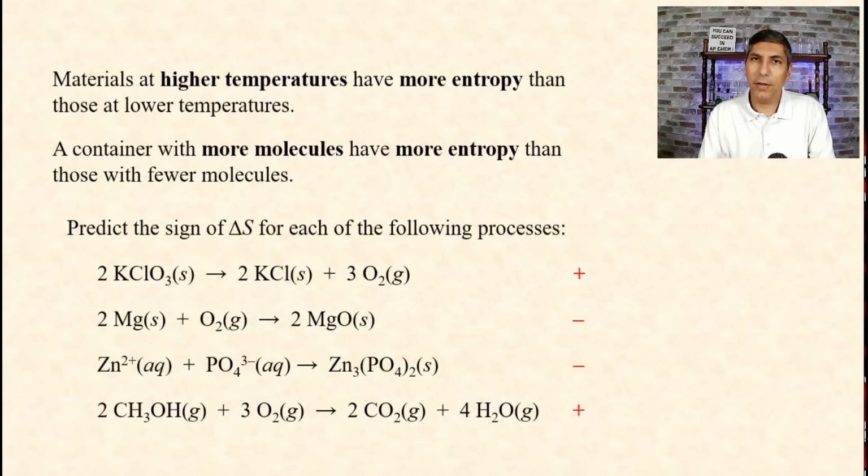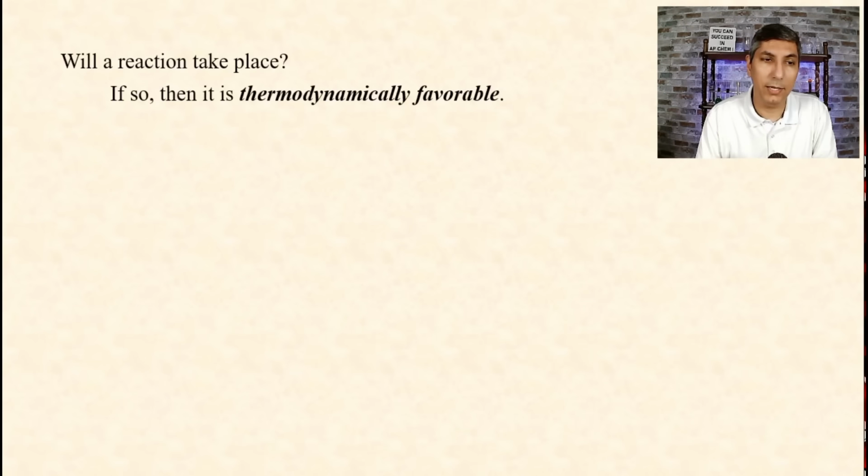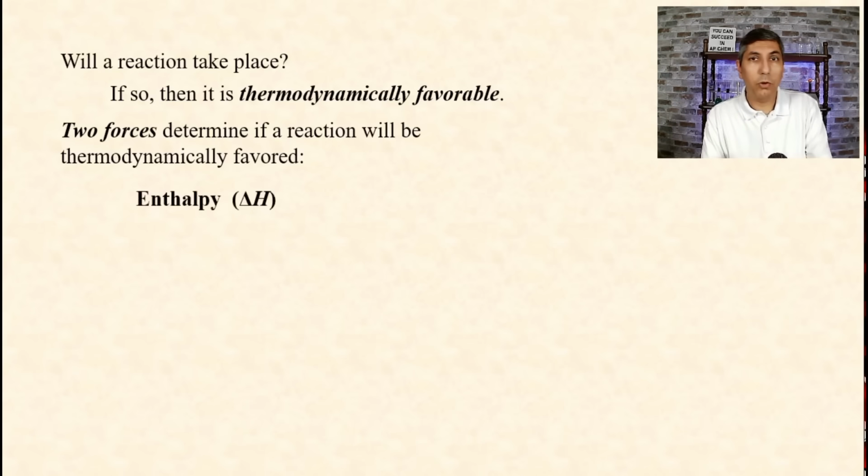Now, as we talk about entropy, it's also important to realize there's this concept of thermodynamic favorability. And this answers the question, is a reaction going to take place? And if it does, then we say it's thermodynamically favorable. Now, there are 2 driving forces that can determine if a reaction is going to be thermodynamically favored. The first one, which we learned about back in Unit 6, is enthalpy.